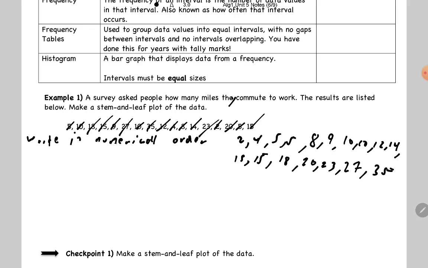And that's it, if we wrote it in numerical order.